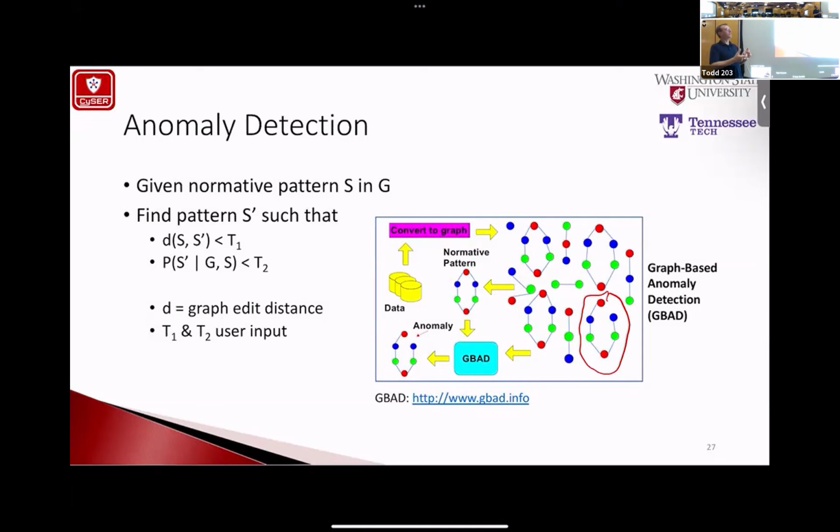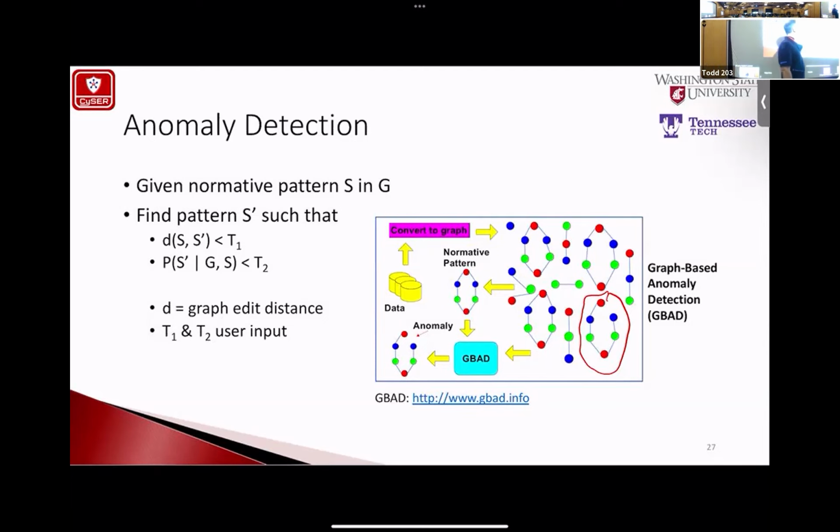So there are two factors that go into something being an anomaly. One is that it's close to the normative pattern. We need some measure of closeness, and we use what's called a graph edit distance, which is basically the minimal number of changes I need to make to this graph so that it's equal to that graph. In this case, it would be adding one edge, so it's pretty close.